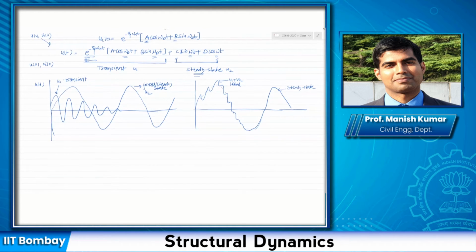Aditya is asking that steady state would give you an amplitude which would always be less than this, because this much of the part is due to the initial response. So if it so happens that my limit is somewhere around here, it might not fail in steady state, but it might fail during the initial part.